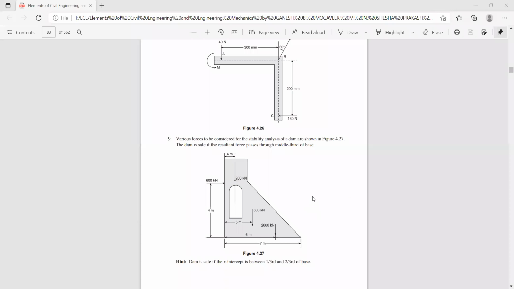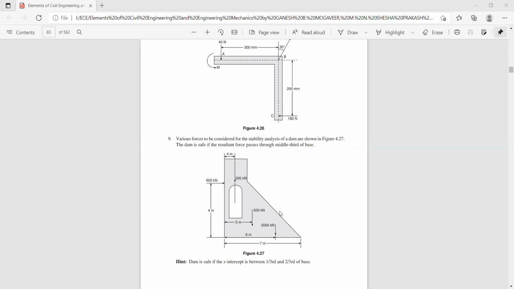So that divided by the resultant value. You got the resultant value as 2,700 something. So tell me the position of the resultant D. That is sigma MA divided by resultant. 6.77.